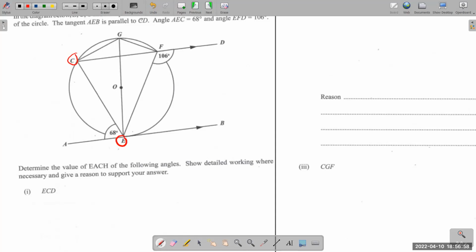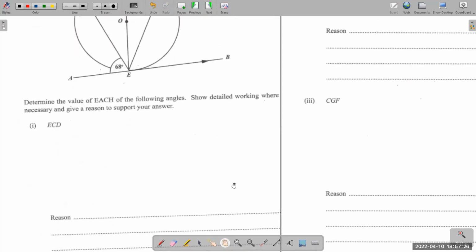ECD, that means this angle in between here. Now this question is way harder than the one before, but it isn't that hard, to be honest with you. Anybody knows what that angle is? How do you find that angle? Is that a direct or indirect question?